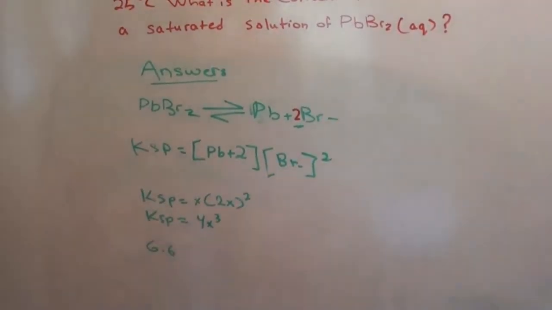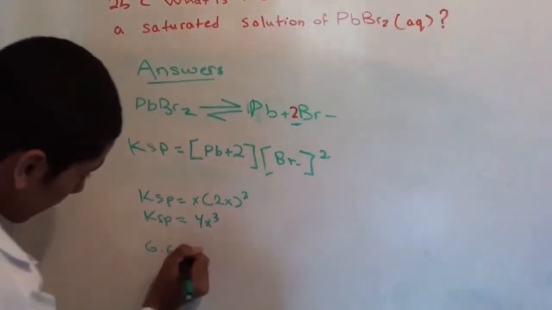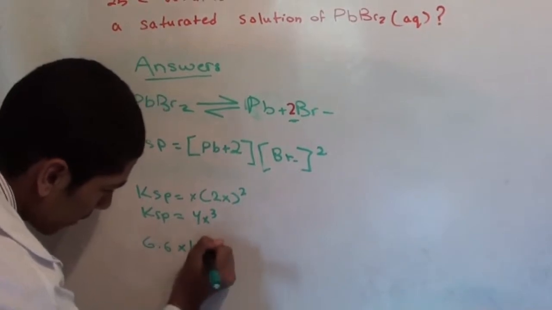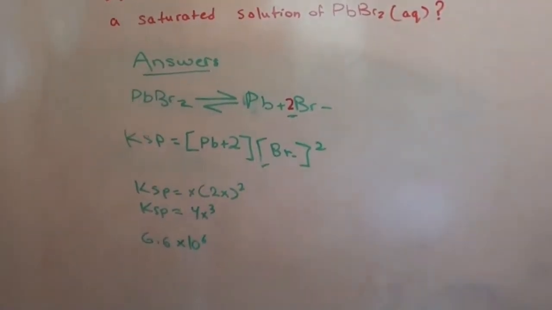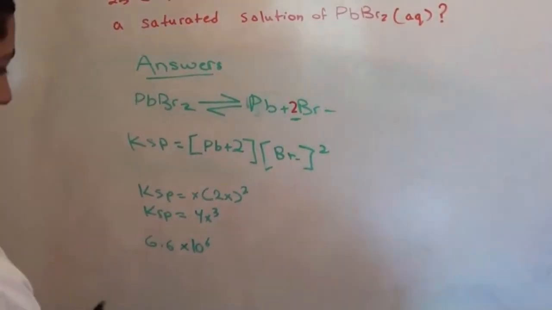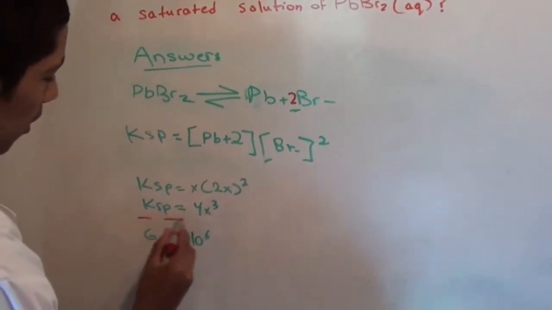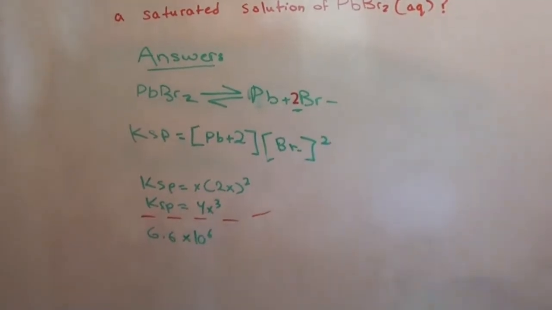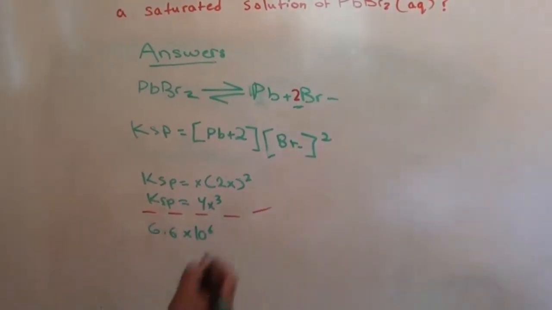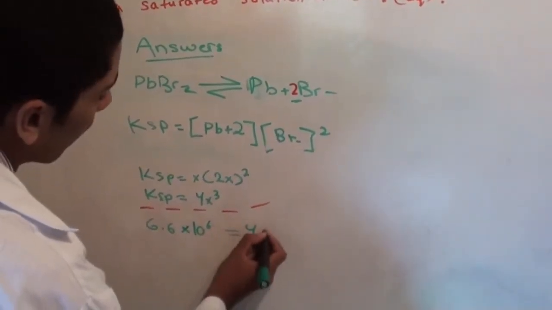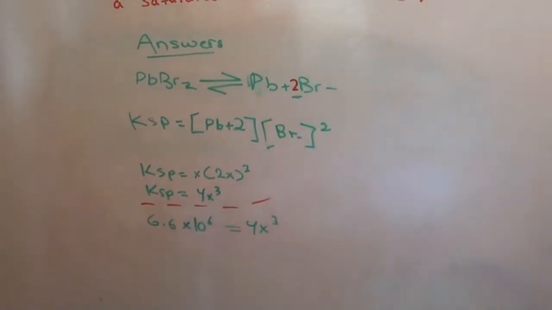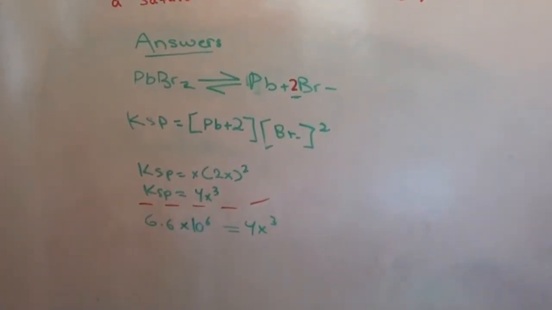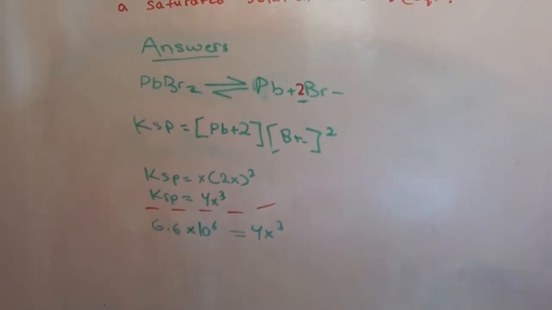6.6 times 10 to the power of negative 6. We're separating them so people don't get confused. Now we're using our calculator.